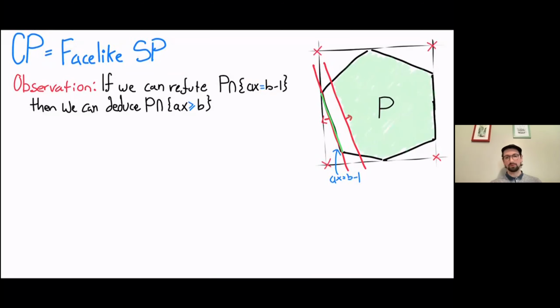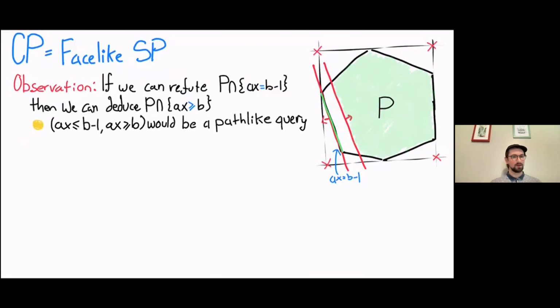That is, we can deduce the right-hand side of this query in path-like stabbing planes. That's just because ax less than or equal to b minus 1, ax greater than or equal to b would be a valid path-like query if we had proved that the face here is empty.